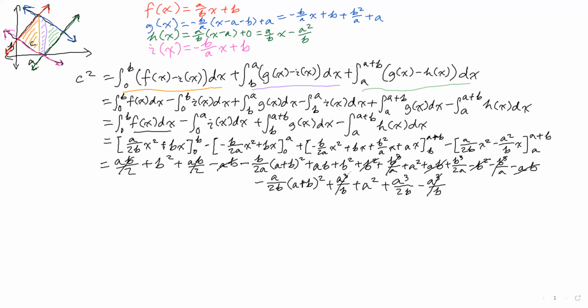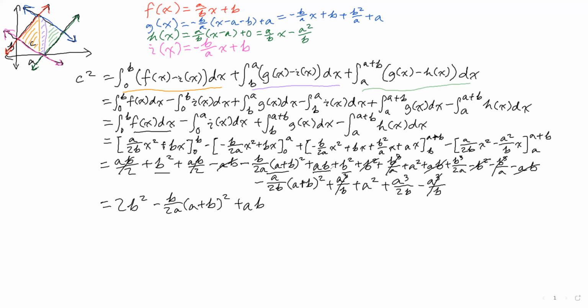Plus a squared. Yeah, so this is equal to, so how many b squareds are there? There's 1, 2, so 2b squared minus this stuff, so b over 2a times a plus b squared, plus ab. I think there's just one of that left.